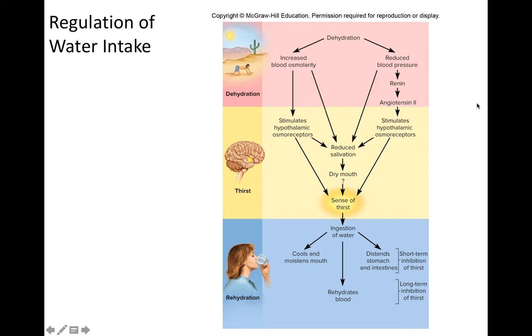It's essentially saying, okay, we've done what we need to do. We have drank the water. Now shut off all of these mechanisms that are telling me to drink more water so that I don't go too far in the positive direction and overhydrate. We have done what we need to do, and now we're just waiting to get to the point where we absorb and the blood is rehydrated, bringing the volume and pressure up and bringing the osmolarity down.